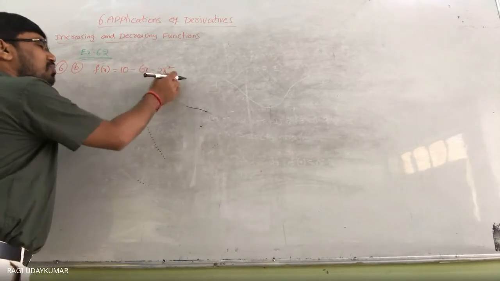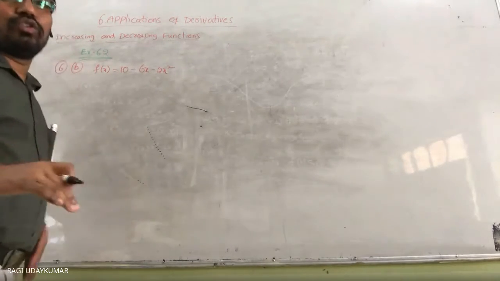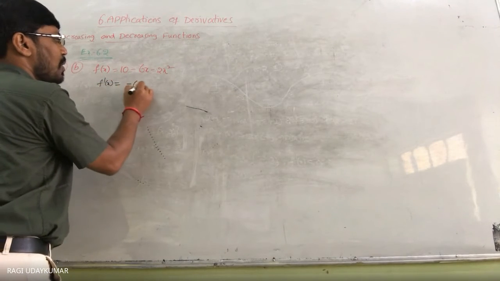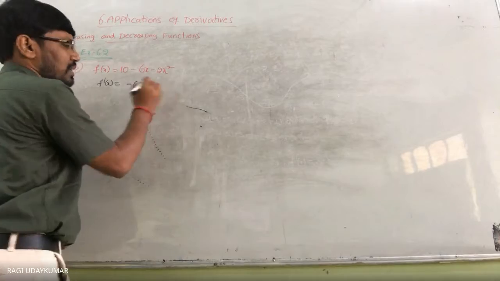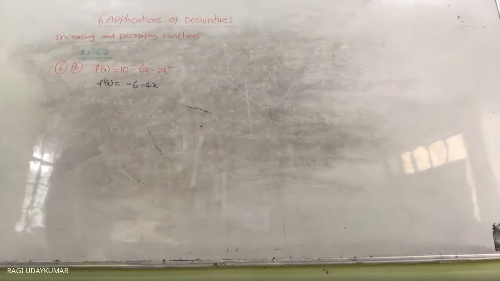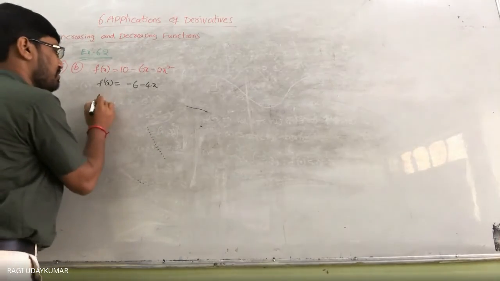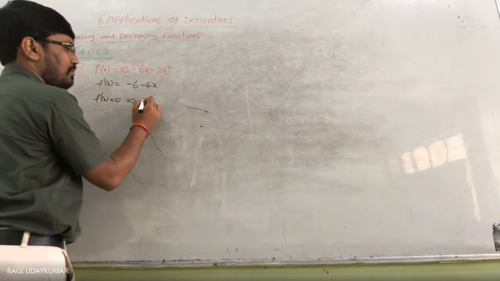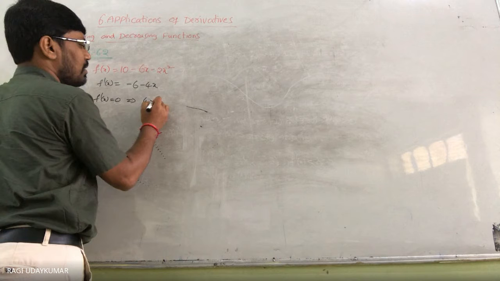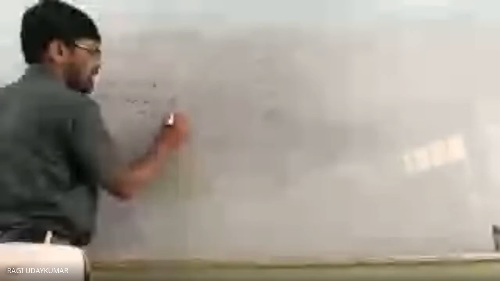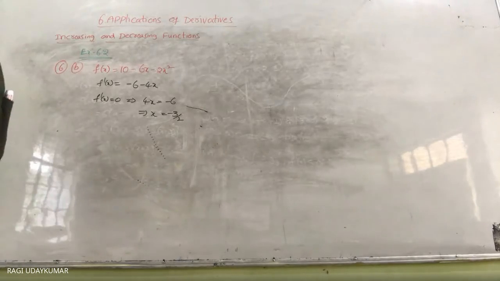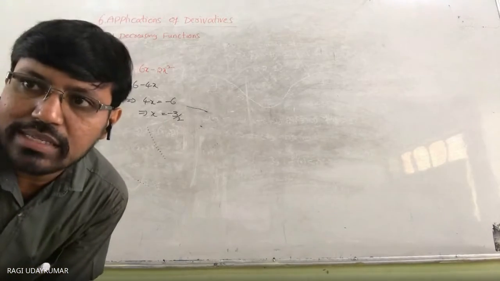As it is a quadratic, it is an easy task for you to do, not more complicated. f dash of x is equal to minus 6 minus 4x. So f dash of x equals 0 implies 4x is equal to minus 6. From this, x is equal to minus 3 by 2. We are going to get minus 3 by 2. Is it okay?